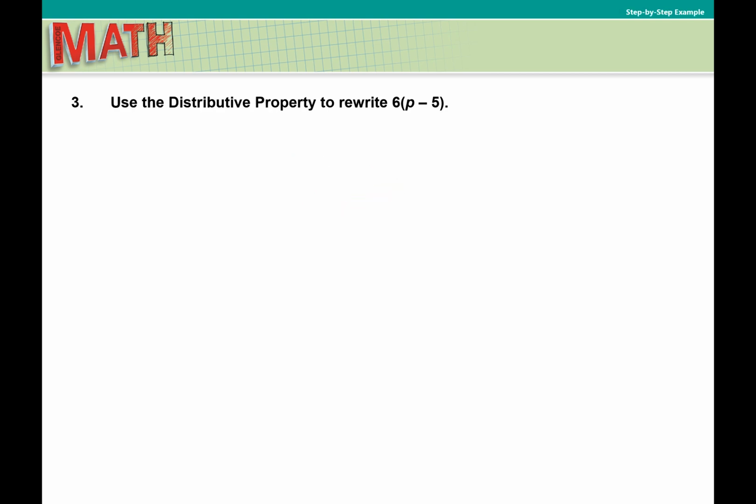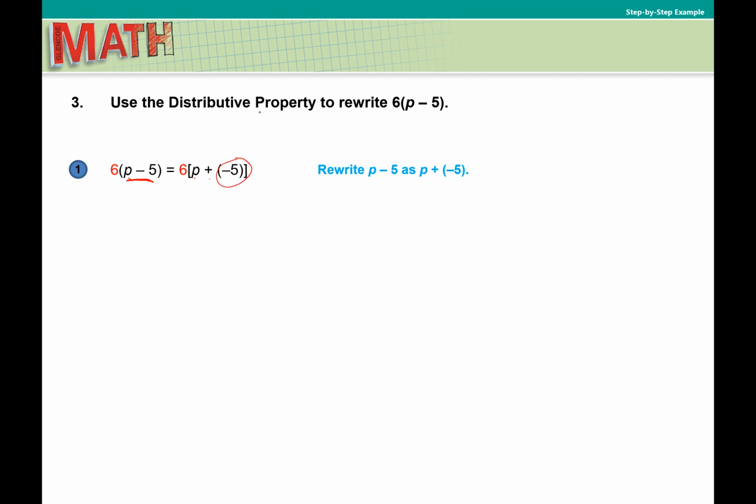Okay, use the distributive property to rewrite 6 times the quantity p minus 5. One step that you can do here is you can rewrite subtraction problems as addition problems. When we have a subtraction on the inside here, p minus 5, it also is true to say it this way, p plus negative 5.